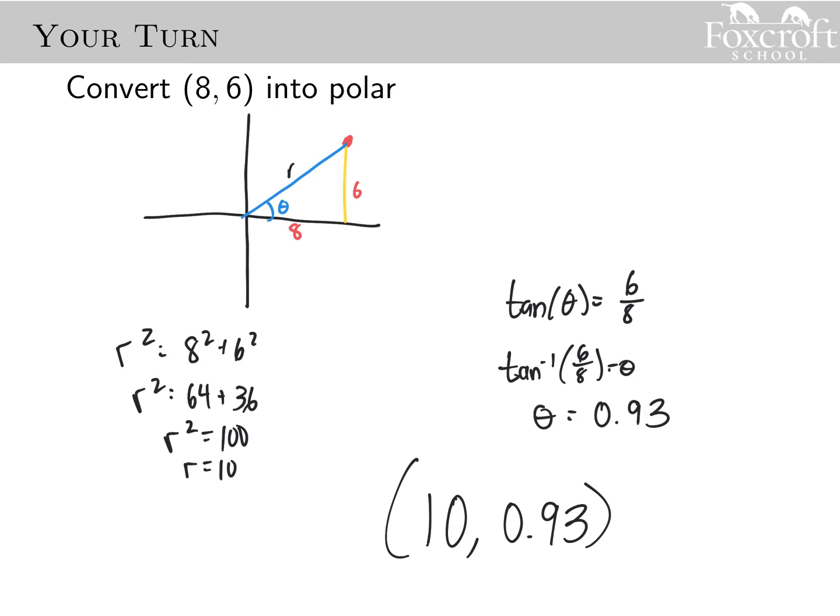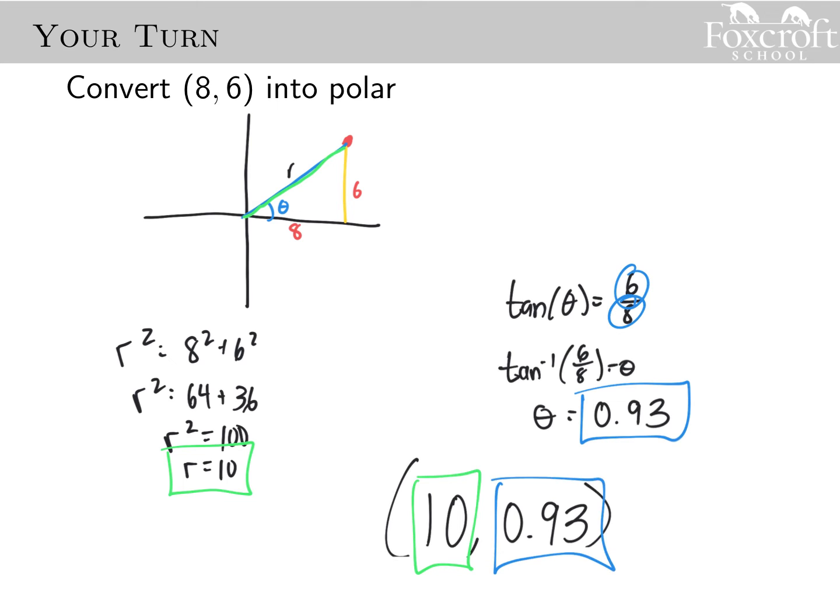I use the Pythagorean theorem, you figure out the missing side of that right triangle is 10, which actually gives me the distance I have to go along this angle. So now I know my r value is 10. And trying to find my angle theta, I have opposite is 6, adjacent is 8. So I use arctan, tan inverse of 6 over 8, and I get my theta. And again, putting those two things together gives me my angle in polar coordinates.